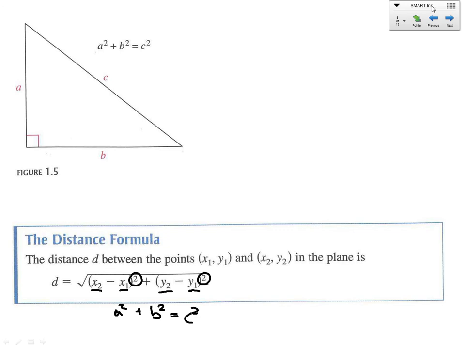But if we just want c all by itself, we're going to take the square root. If you need that down, let me erase this so you've got it. Remember, if I'm going too fast, go ahead and pause the video, jump back, see what you need to. The distance formula and Pythagorean theorem are very important to have down. We're going to use them quite a bit.